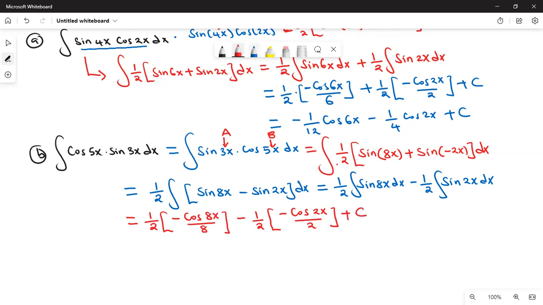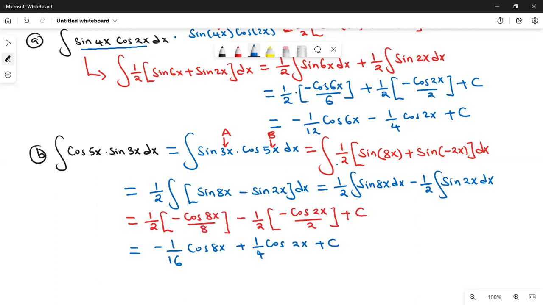If I simplify this one, I'm going to get negative 1/16 times cosine of 8x plus 1/4 times cosine of 2x plus a constant c. Every time you integrate and you don't have the limits of integration, don't forget to add the constant c of integration.